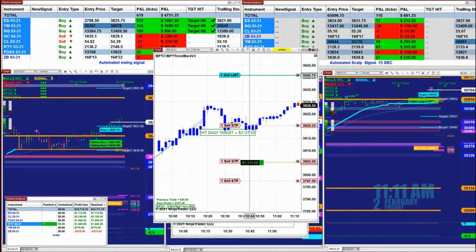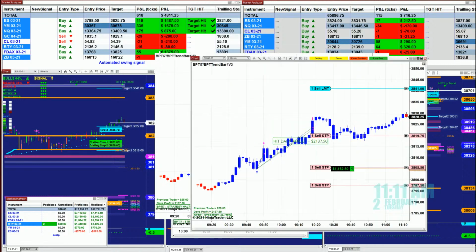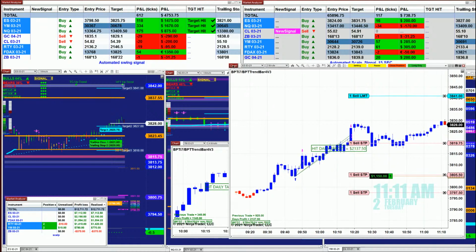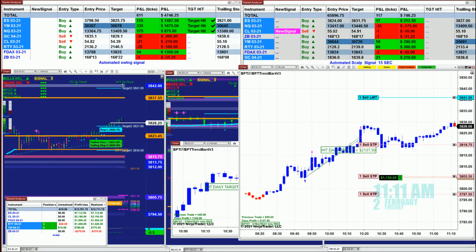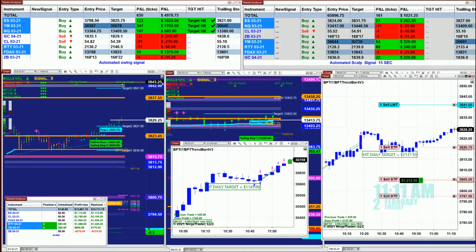I don't usually do this on the TI7. I'll leave it alone. But today, out of curiosity, I want to see if we can get the last tick before 12 o'clock. That's what the challenge here is, to see if we can beat the challenge on that one. On the scalper, we have an entry on the YM and a Russell.